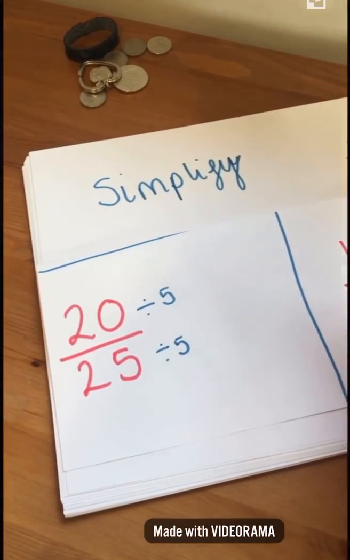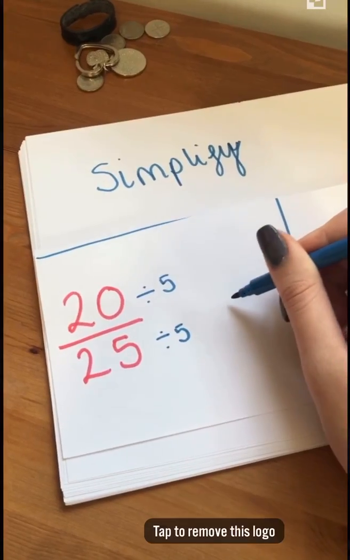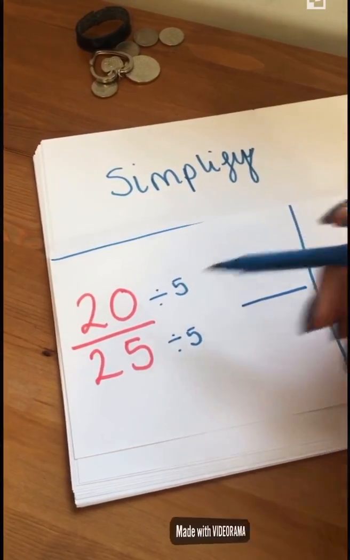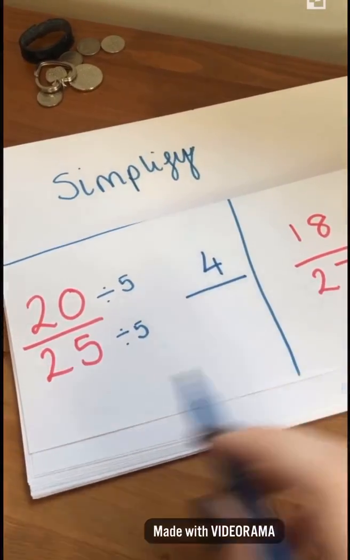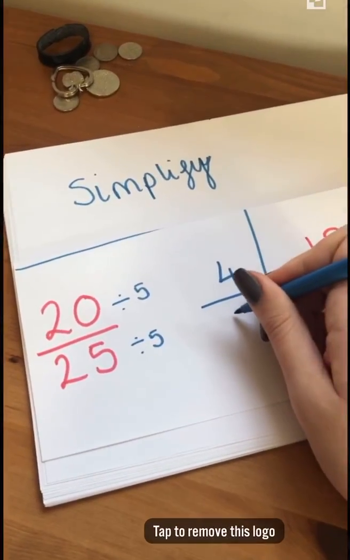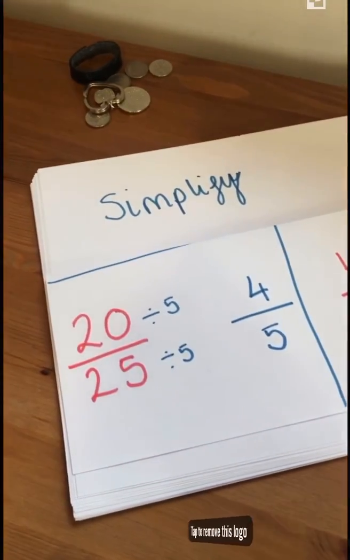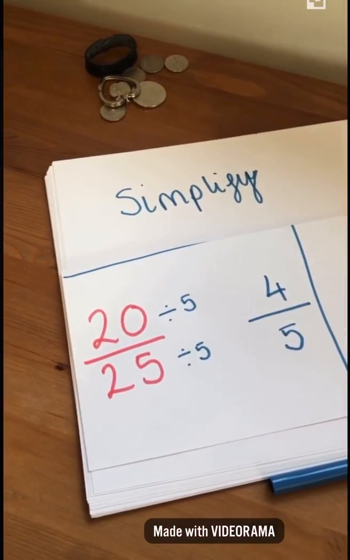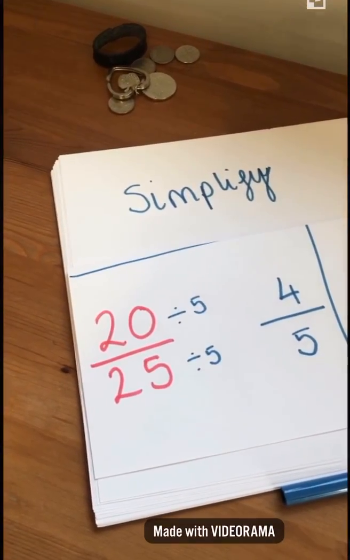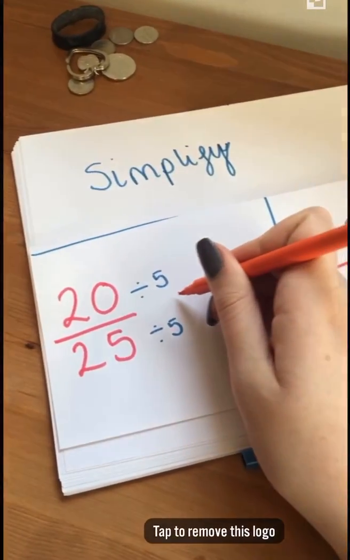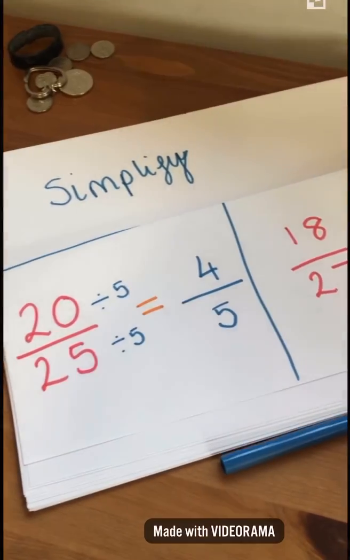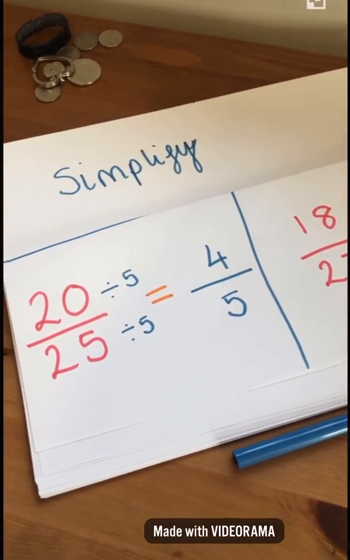So I know that 20 divided by 5, these are my 5 times tables, gives me 4. And I know that 25 divided by 5 gives me 5. Therefore, that tells me now that 20 over 25 is equivalent to 4/5.